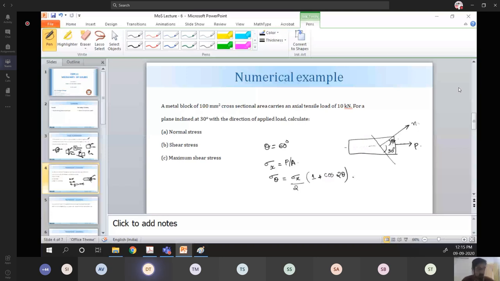So the normal stress is 0.25 into 10 power 5 Newton per meter square. Okay, 0.25 into 10 to the power of 5 Newton per meter square. It will be nothing but 25. One second.